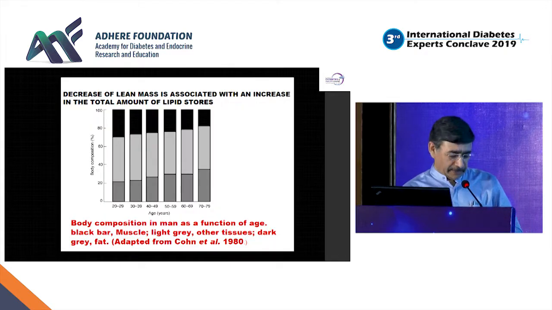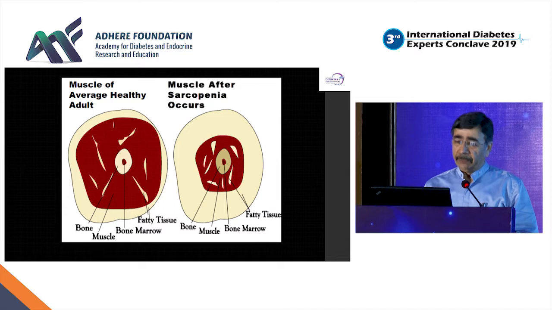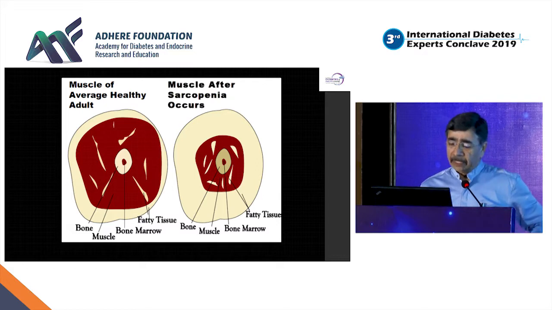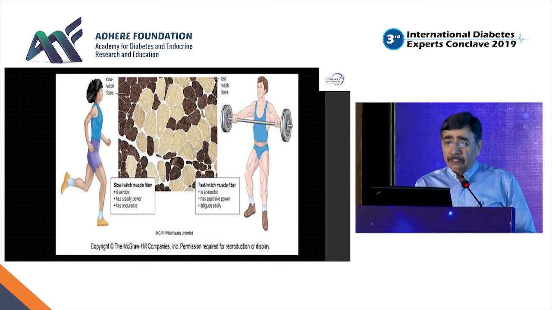So in this slide you will see as the muscle mass decreases, there is increase in the fat in the muscle. And this is the diagrammatic representation of how a normal muscle is in young age and how you look at the muscle when it is sarcopenic. In sarcopenic muscle, there is more loss of type 2 fiber, which is the fast twitch fiber.